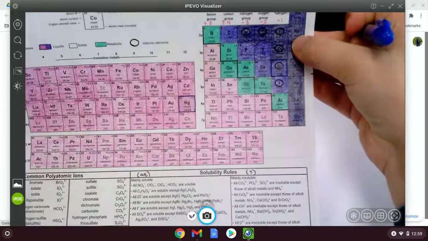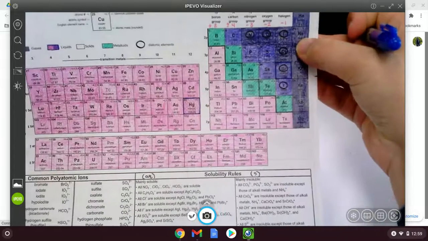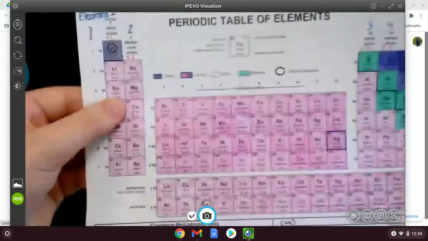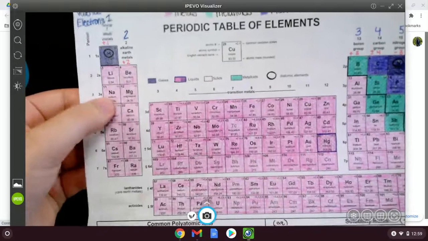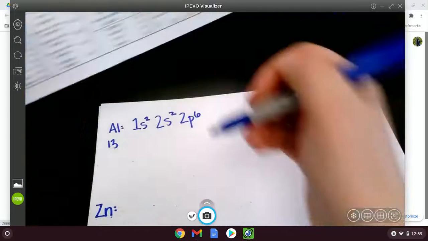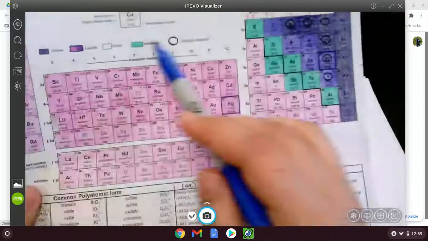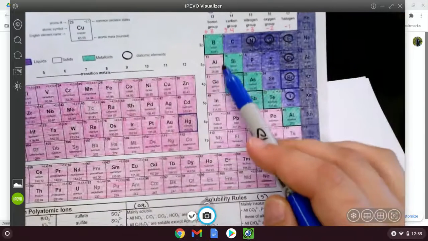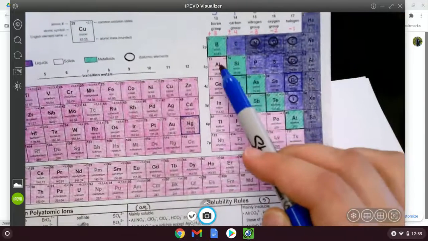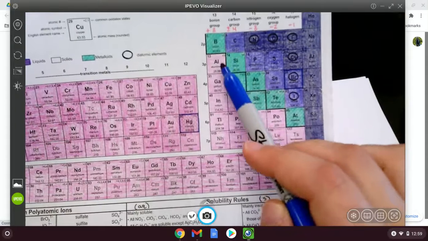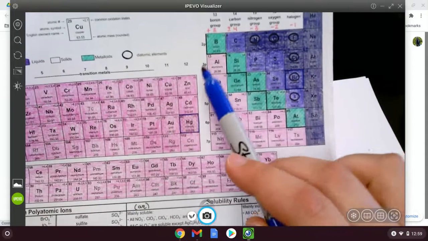We haven't made it to aluminum yet, so we're going to keep going. We're back at sodium, so 3s2. And finally, we're going to keep going over to the 3p, and the first square is our desired element. So we're going to have 3p1.